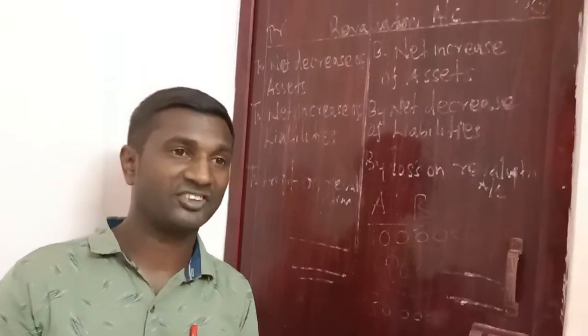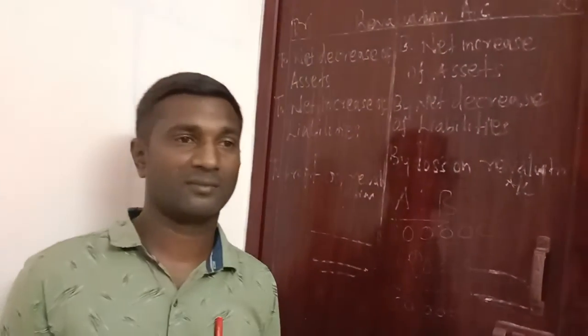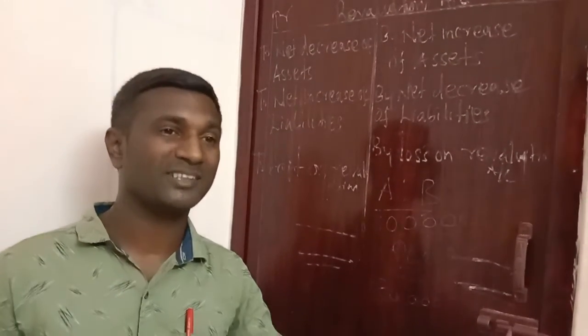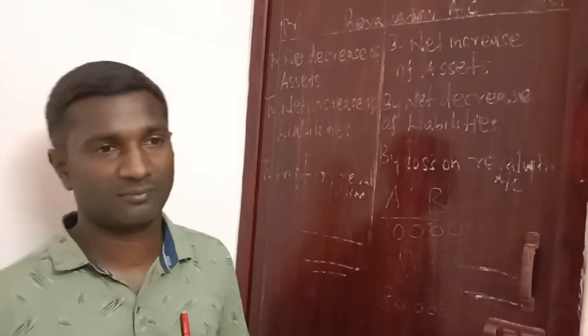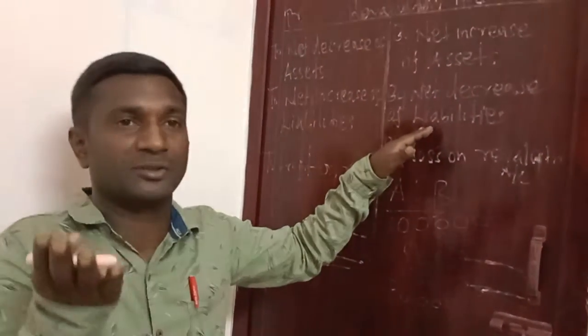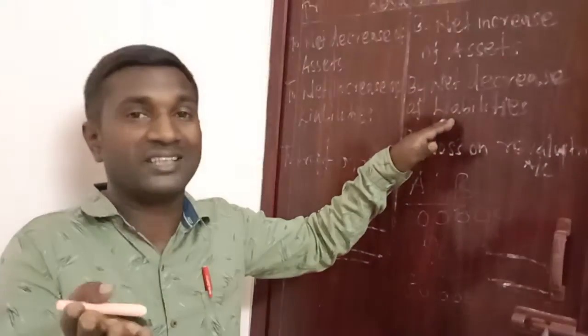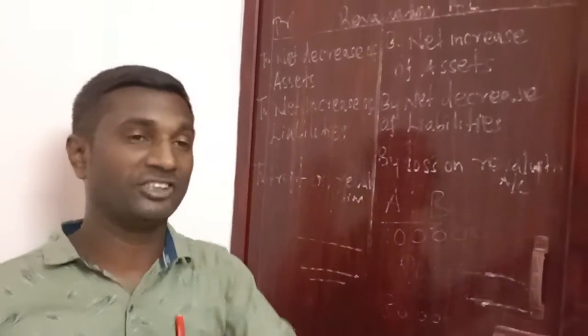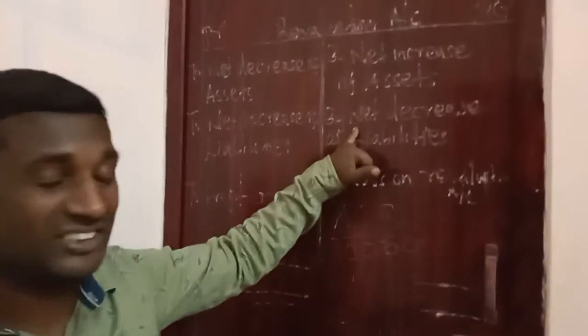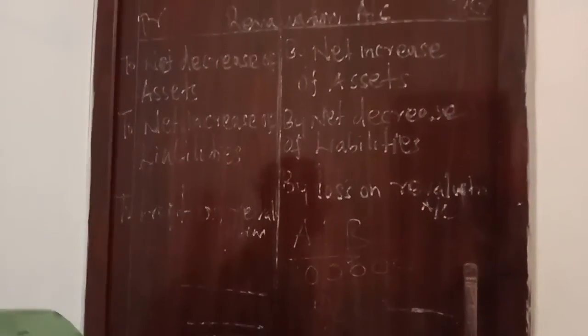Next, the increase or decrease of liabilities. What is the meaning of liabilities? What the business must owe to others. By that our credit amount will be increased. So that is one of the liabilities. Here, liabilities increased: debit.